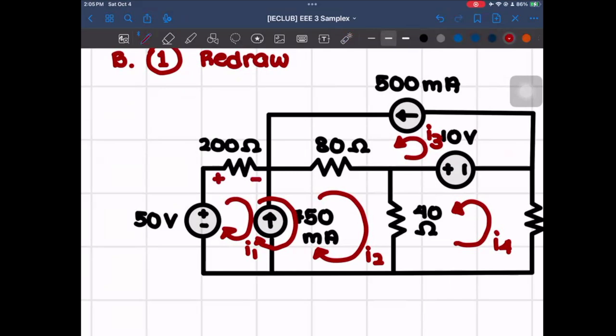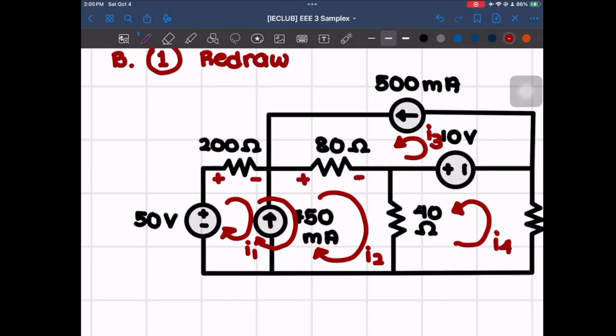And then for 80 ohms, it's actually in between I3 and I2. That means the polarity would differ for I3 and I2. So for I2, by the time that it goes to 80 ohms, it's already going to the right. So our polarity for the I2 mesh current would be positive to negative here.